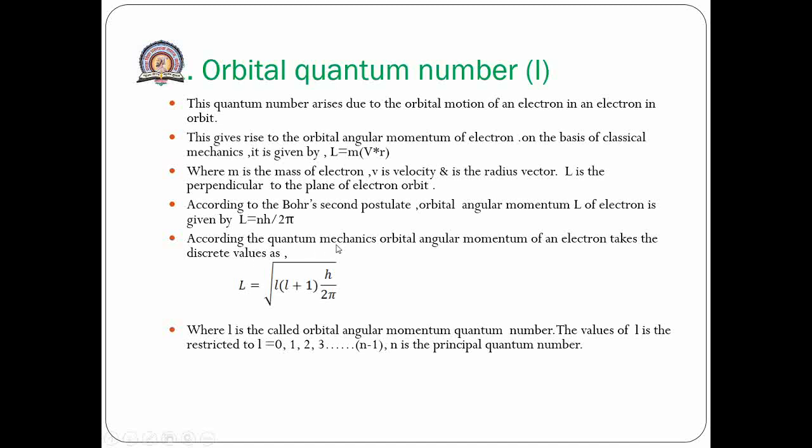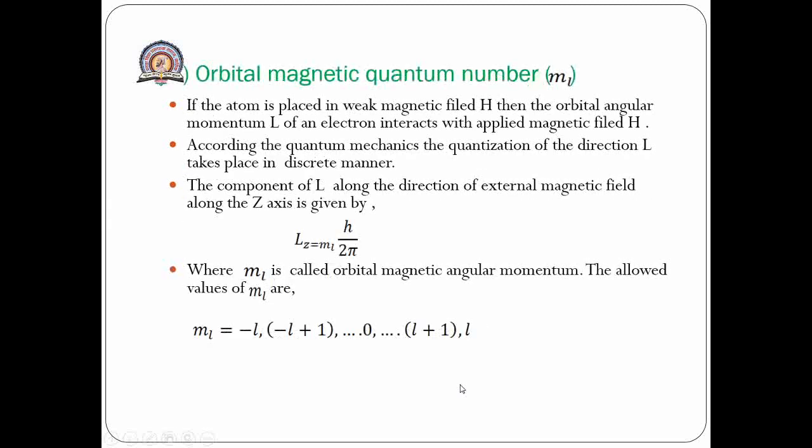According to quantum mechanics, the orbital angular momentum of an electron takes discrete values as L equal to square root of l into l plus 1 into h upon 2 pi, where l is the orbital angular momentum quantum number, having restricted values l equal to 0, 1, 2, 3 up to n minus 1, where n is the principal quantum number.